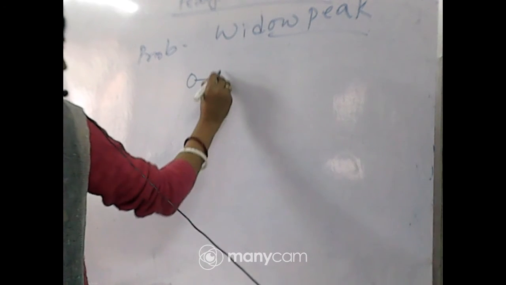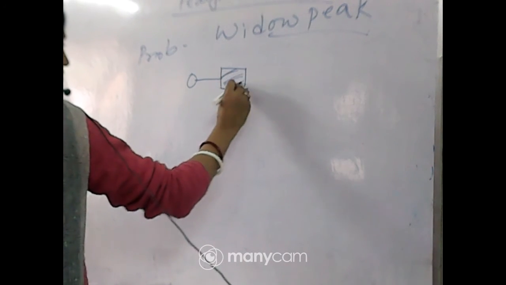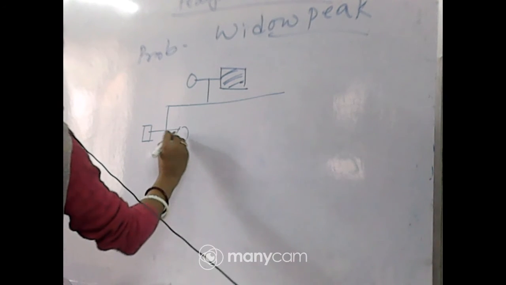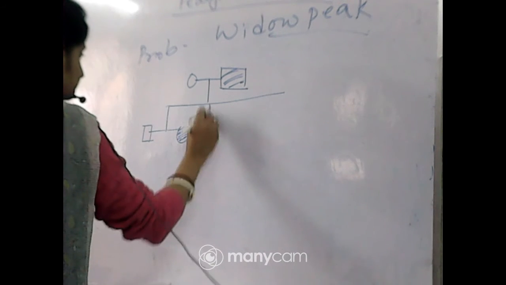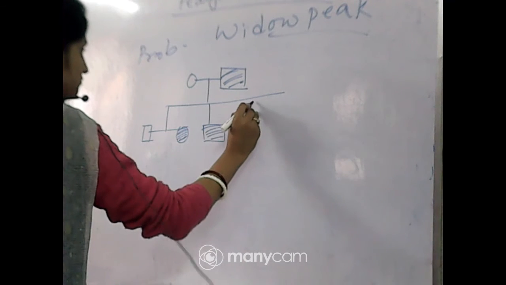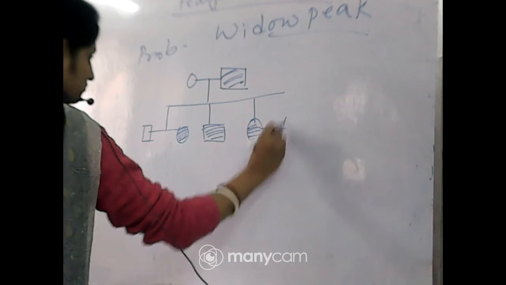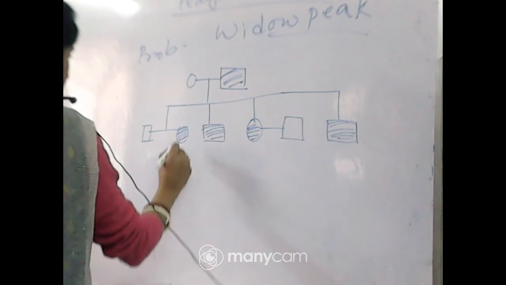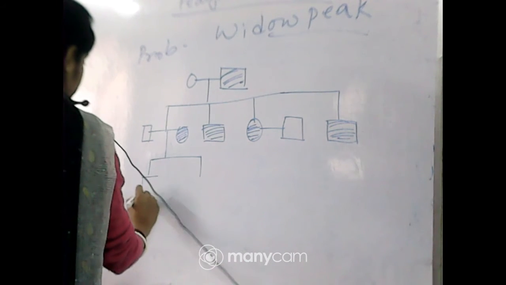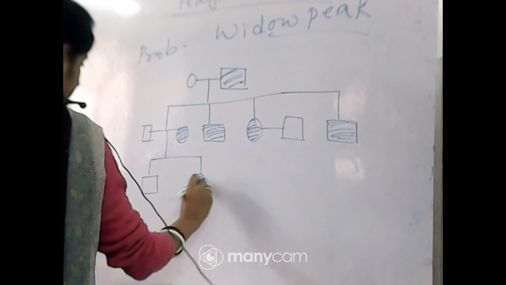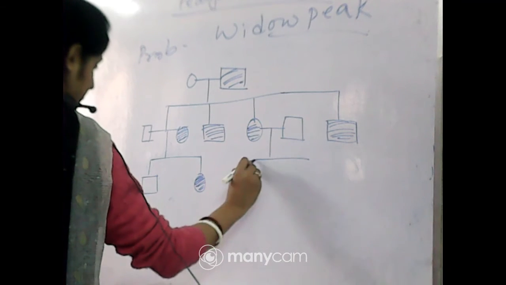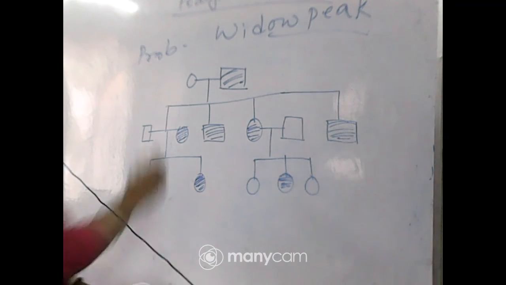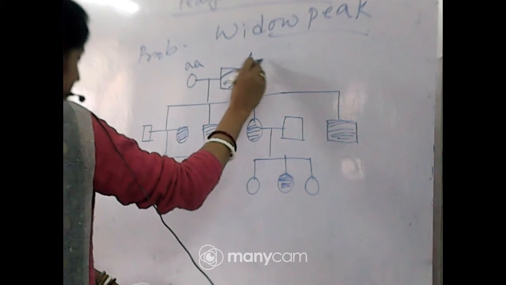So widow peak, when you see this type of structure where the male is affected, you can see that there is recessive and dominant.